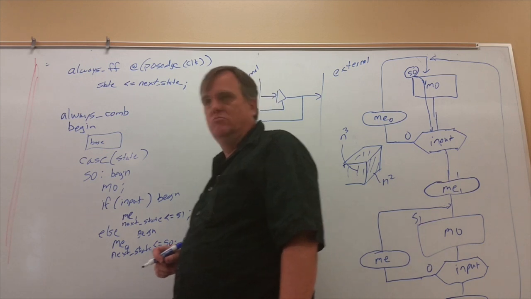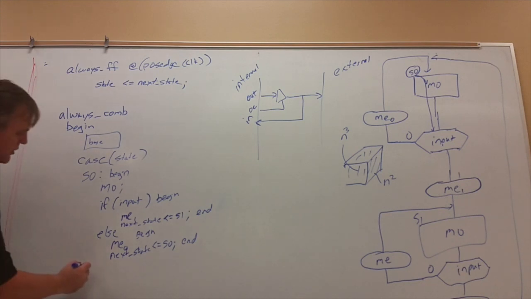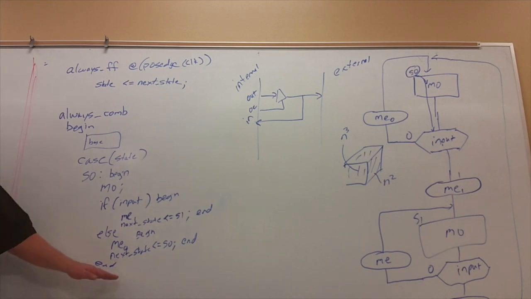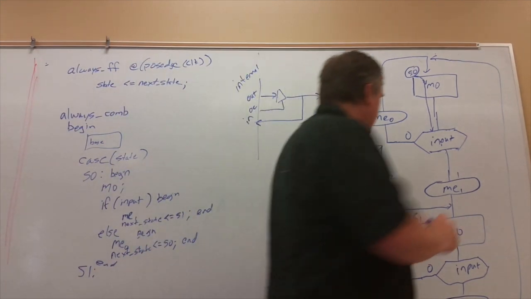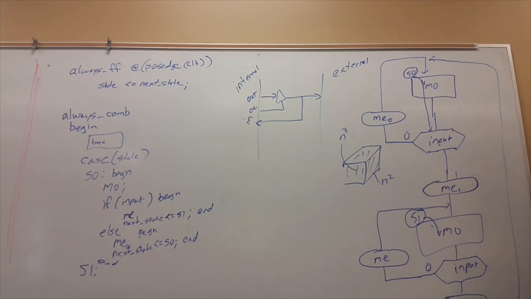So help me out. We just did S0. What do I have to do for S1? And obviously I have my begin, and then what do I do? I do my Moore output.